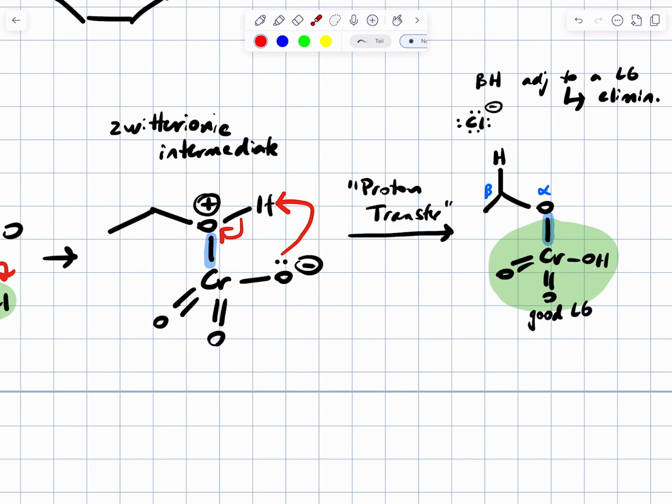It's also possible that what's going to remove the proton here instead of being Cl minus is actually this negatively charged oxygen from another intermediate. We won't worry about the identity of the base. I'm just going to show the mechanism with some base removing the proton, electrons kicking down to form a new pi bond, and the leaving group leaves.